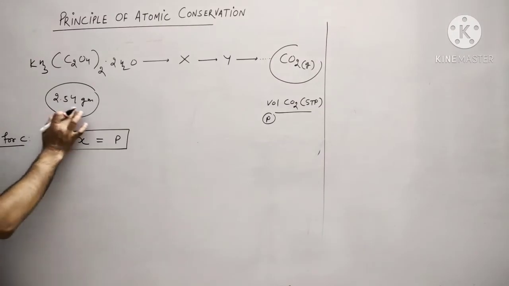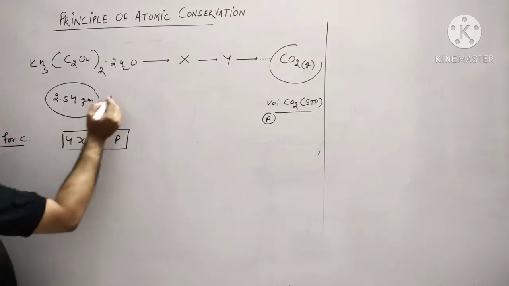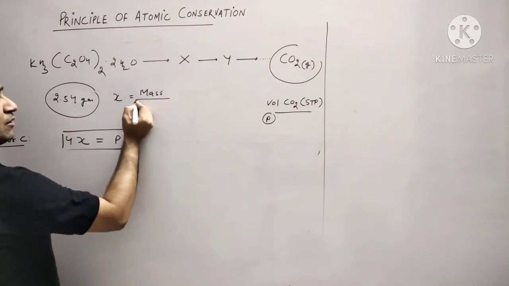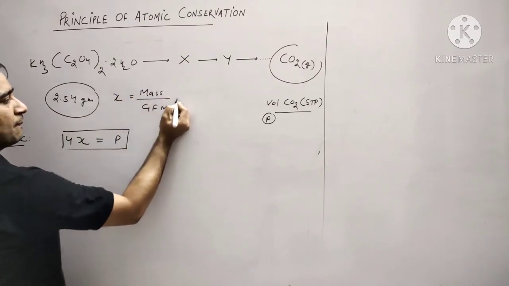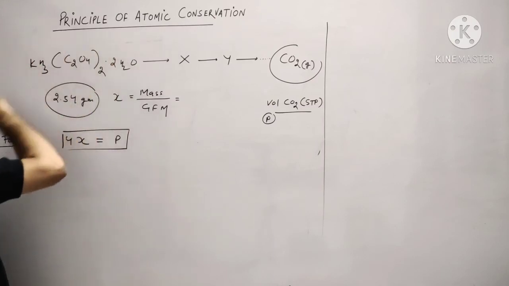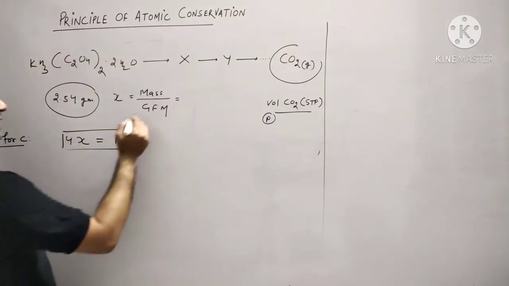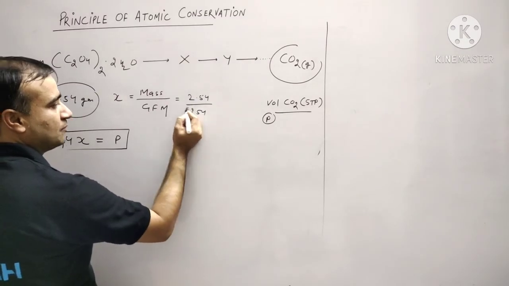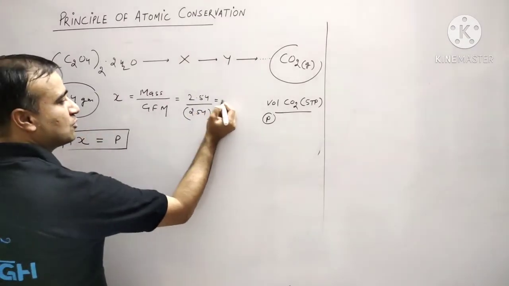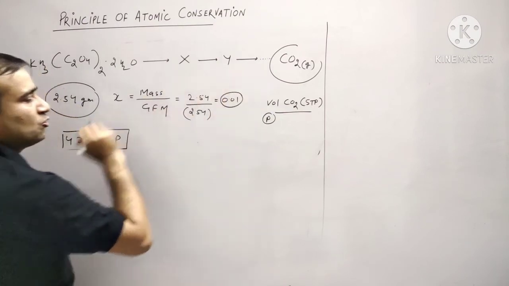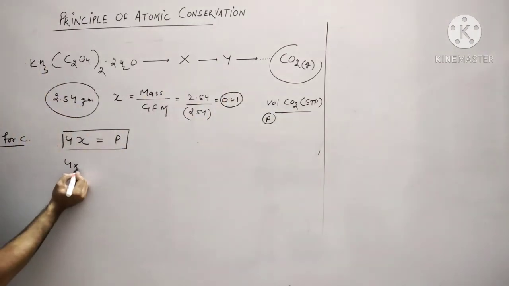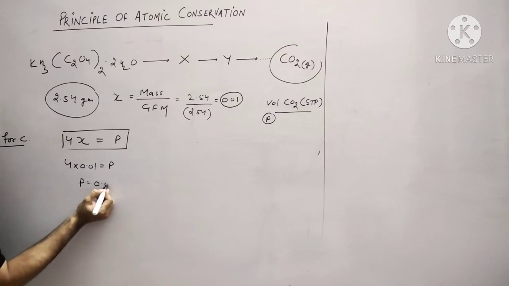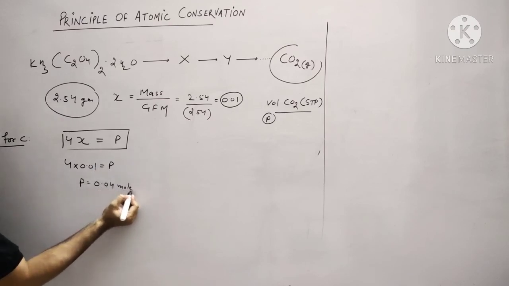And if 2.54 gram is given to us, I can get the number of moles of salt, mass upon gram formula mass. If I add the atomic weight of all these elements, I get 2.54 upon 254. So number of moles of salt must be equal to 0.01. So 4 into 0.01 is equal to P. So P must be 0.04 moles.